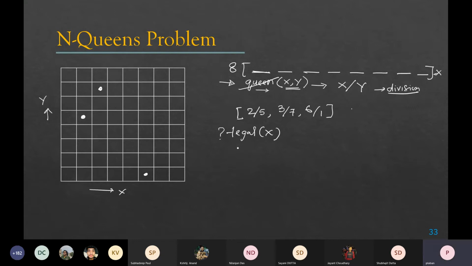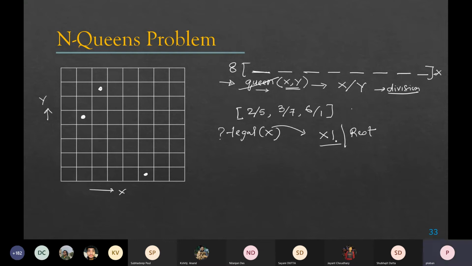Any idea? So what do we need to check first? Given a list of assignments, which is basically X, you take out the first element, say X1, and the rest.